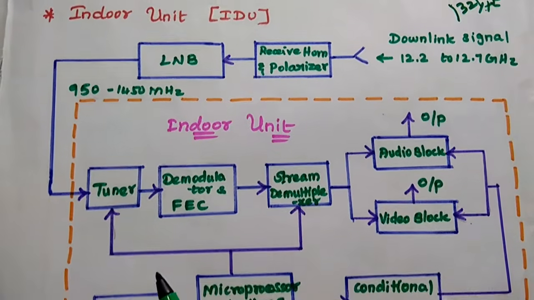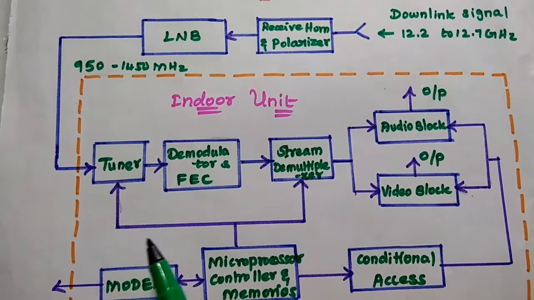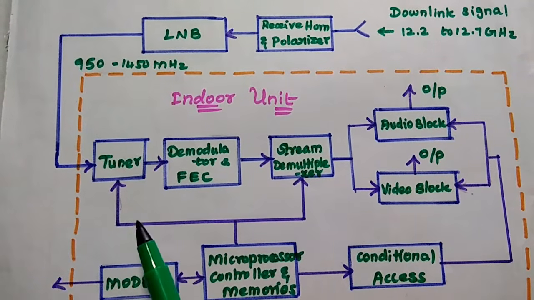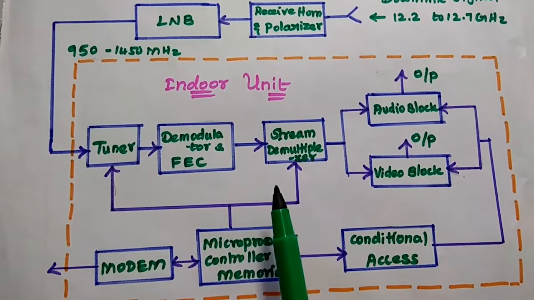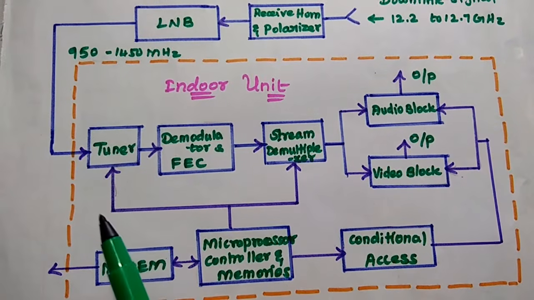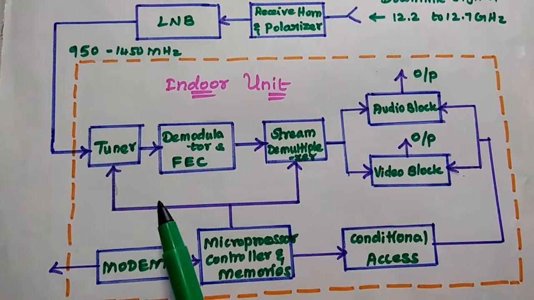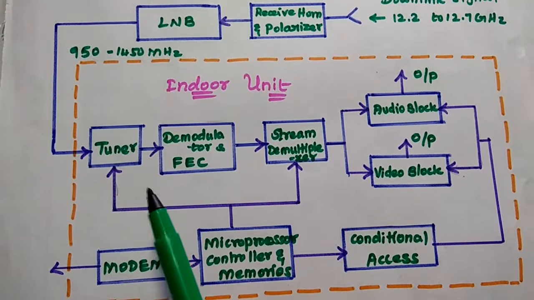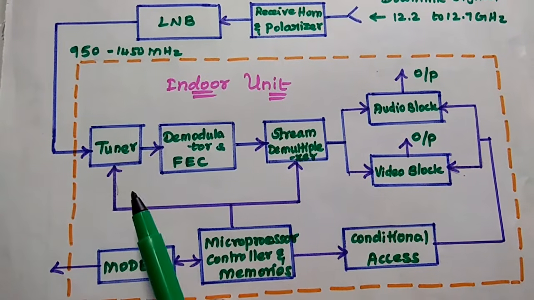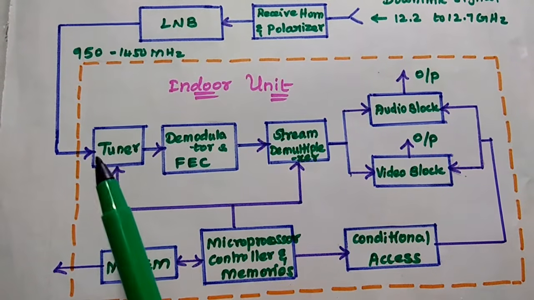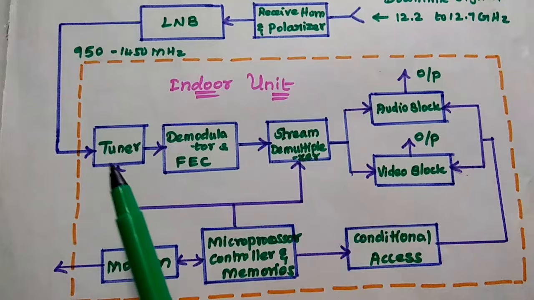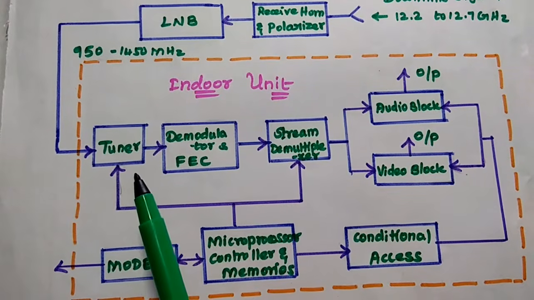The tuner identifies and selects the desired transponder. If I am using Sun Direct, I can select that particular transponder. If I am using Tata Sky, I select that particular transponder. You all understand this one. So the tuner selects the particular transponder for which we are receiving the service.